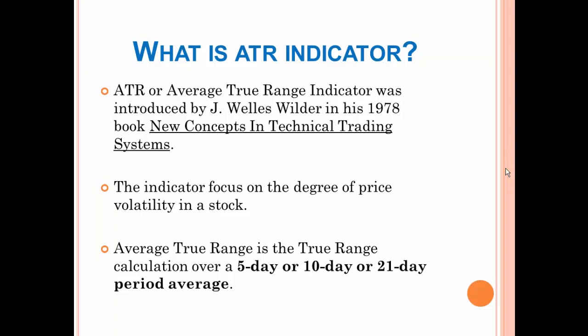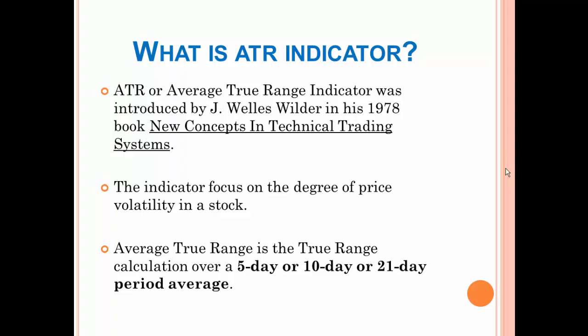This indicator focuses on the degree of price volatility in a stock. So how much volatile a stock is, ATR indicator finds that. So average true range is the true range calculation over a 5-day or 10-day or 21-day period average. So that is ATR indicator.